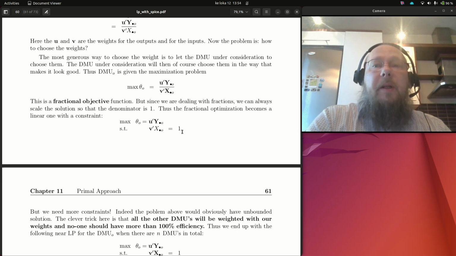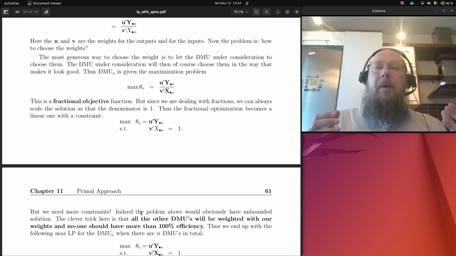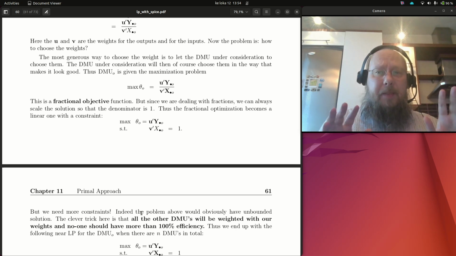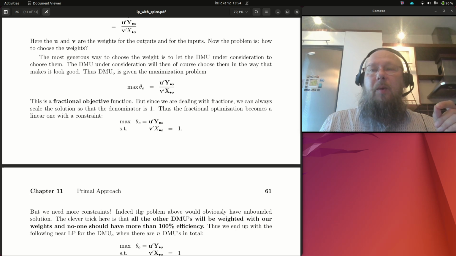So next we have a particular trick, a particular trick for the DEAs. And the thing is that the DMU under consideration can choose the weights in principle anyway they like, but then all the other DMUs are evaluated with the same weights, and we assume that the efficiency is never bigger than 100%.